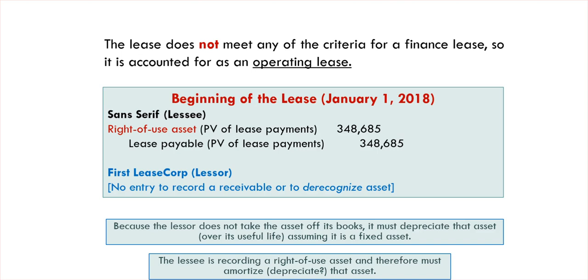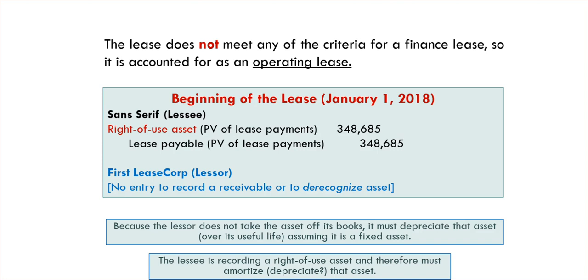Otherwise, it looks very similar. The right of use asset and the payable are based on present value calculations. However, the lessor does not get to record a receivable. So here is an example of a lack of reciprocity, because one party, the lessee, has to record a liability, but the lessor does not get to record a receivable asset.